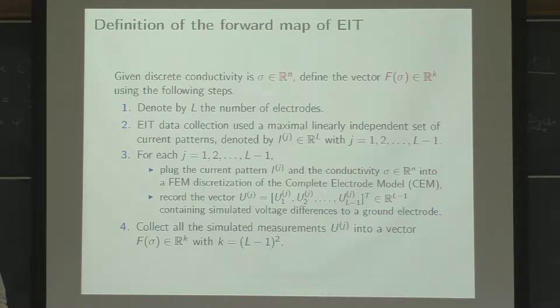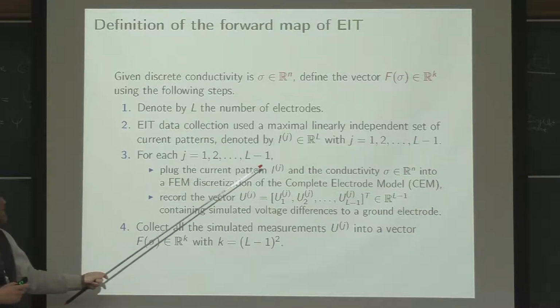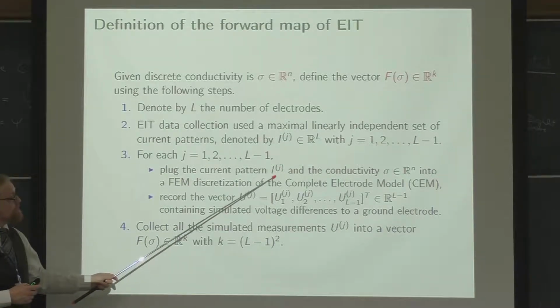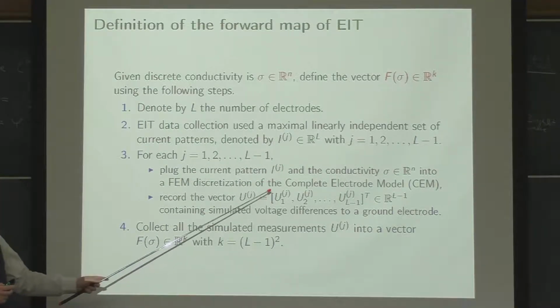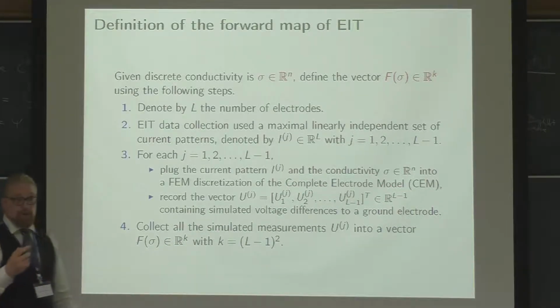So those we will all apply computationally now, because of course we have the data from the machine, but now computationally. So one by one we take the current pattern, we put it into the complete electrode model, which I will explain next.